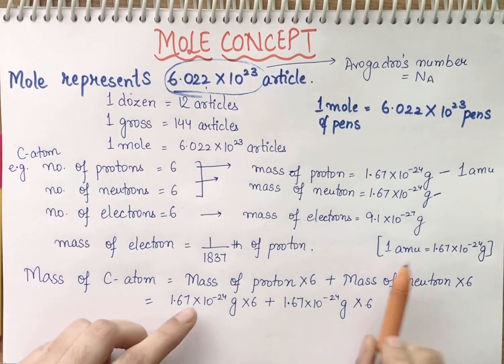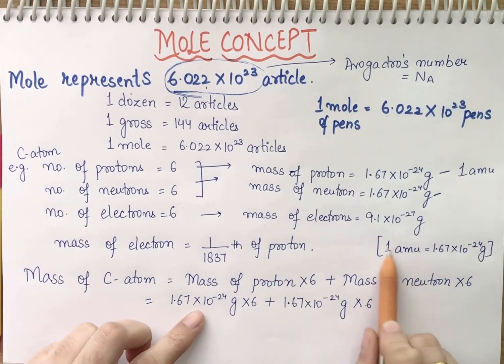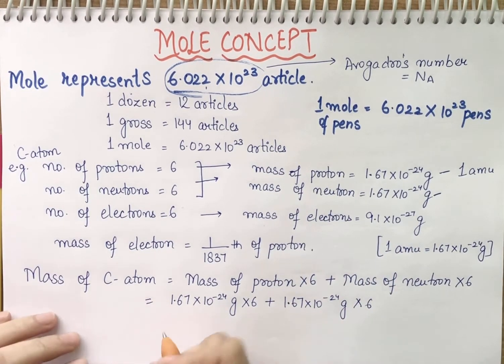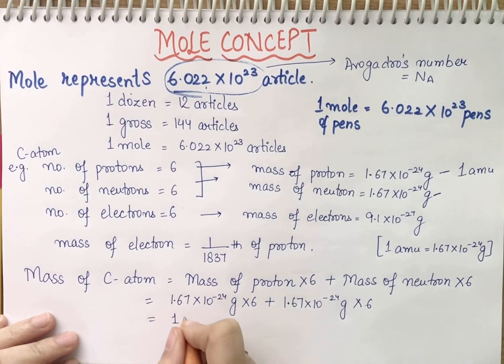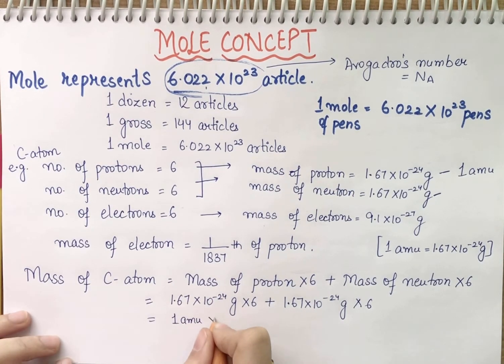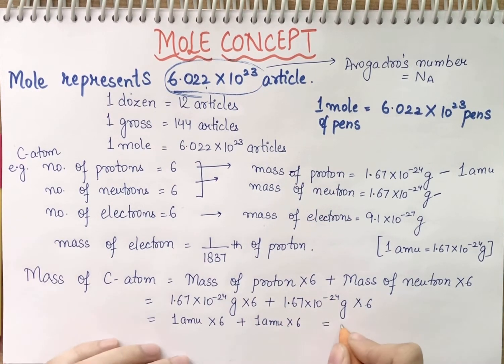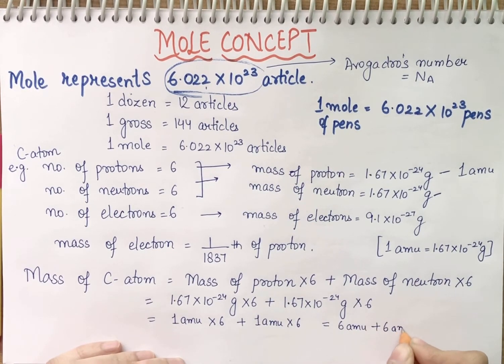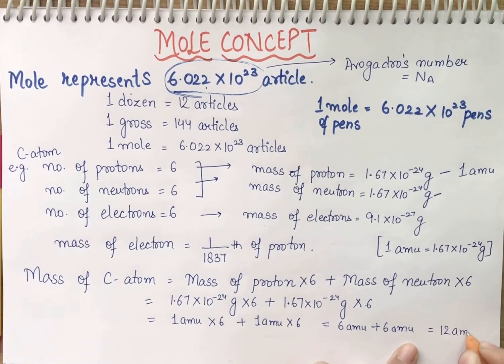Now can I put the value of 1 AMU over here? So it will be 1 AMU into 6 plus 1 AMU into 6, right? So it will be 6 AMU plus 6 AMU equal to 12 AMU.